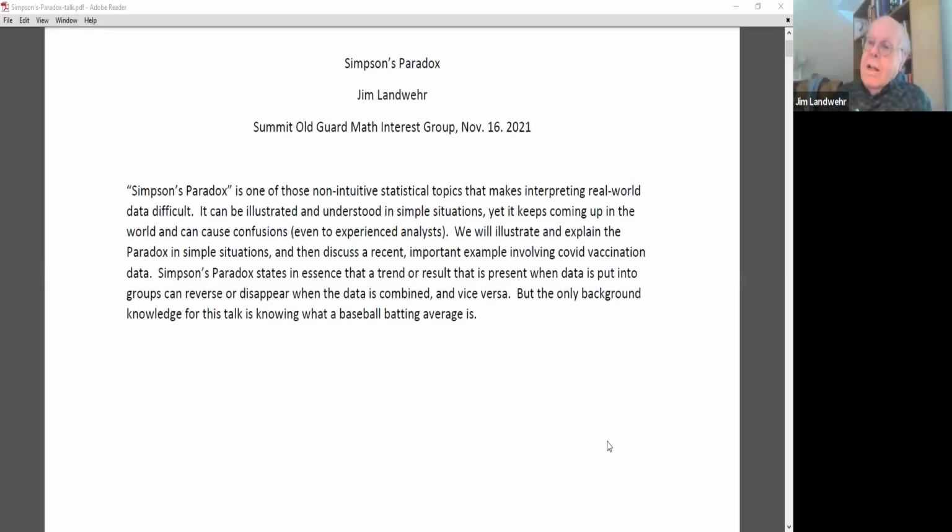Okay, great. Well, like Walt said, Simpson's paradox is one of those statistics topics that does come up occasionally in the real world, and it's kind of confusing, and it always seems to be confusing. So what this talk really is, is three examples going through it in some detail, with real numbers and real examples, and hopefully give everybody a little bit of insight into what's going on.